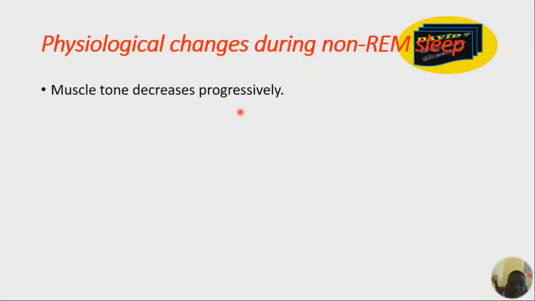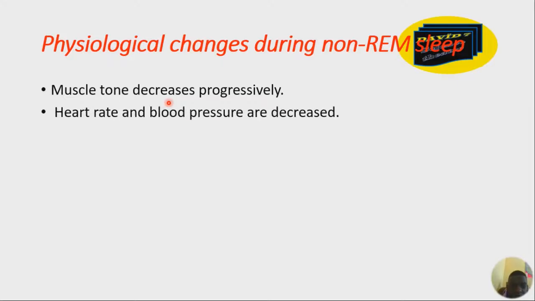Muscle tone decreases progressively during non-REM sleep. So these are physiological changes which occur. Physiological changes during non-REM sleep. One, muscle tone will reduce progressively. Two, heart rate and blood pressure will be decreased in non-REM sleep.